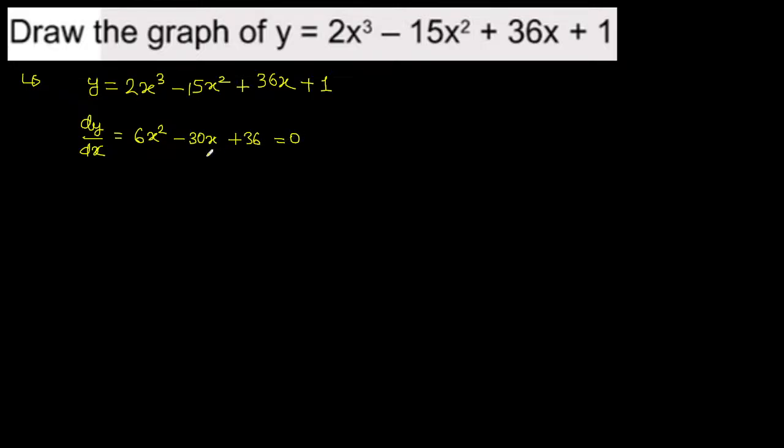We'll put it equal to 0. We are getting x square minus 5x plus 6 equal to 0. Roots are x equal to 2, 3.